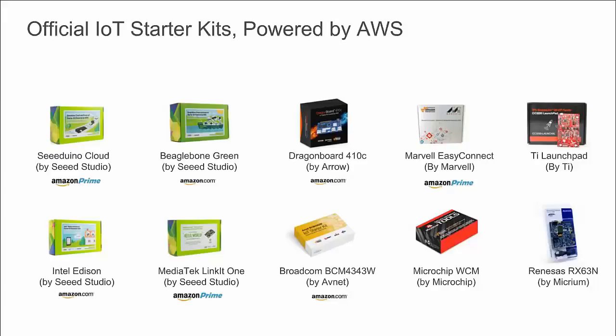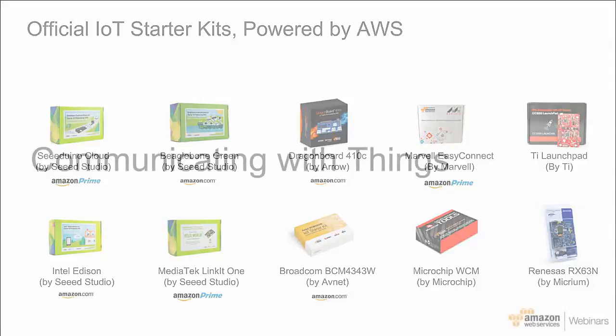So if you do want to build a product or build a solution within your own organization using IoT, you can take a look at the starter kits as a mechanism for doing that, and you've got an opportunity to work with some of those vendors to take prototypes that you might build through into large-scale manufacturing, which I think again is quite an interesting aspect of the AWS platform.